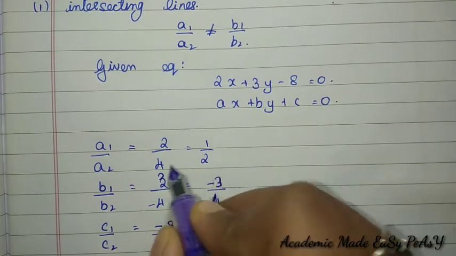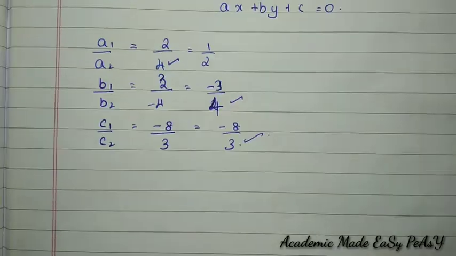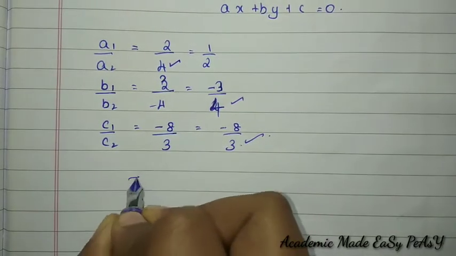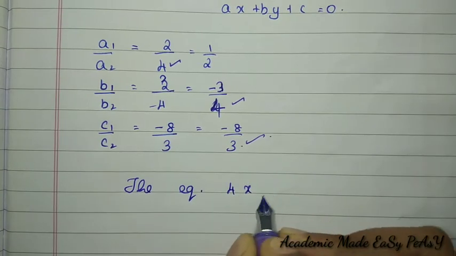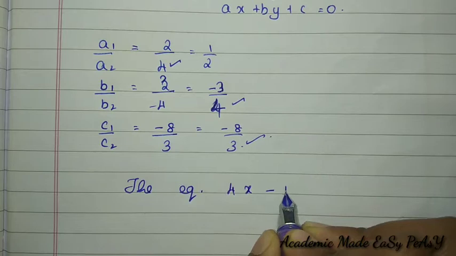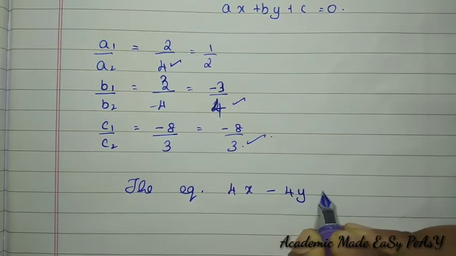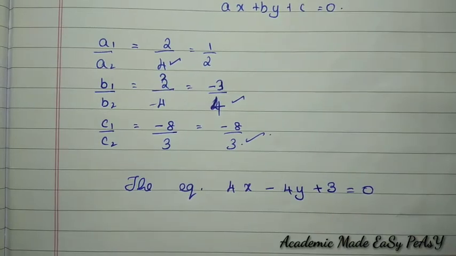I will be taking these numbers for the coefficients of x, y and constant respectively. So now the equation is 4x minus 4y plus 3 is equal to 0. This is the required equation.